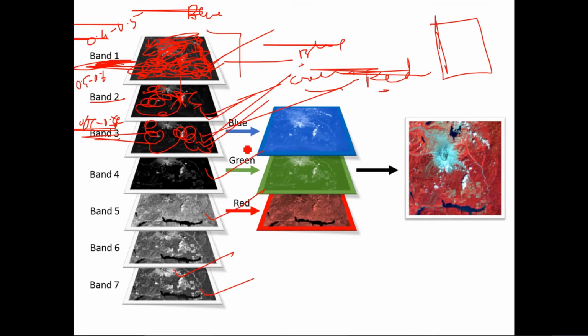If I merge these three, I create a composite image, and the image generated will look like something we actually observe with our eyes. Yes or no? Do you agree? Did you understand that concept?